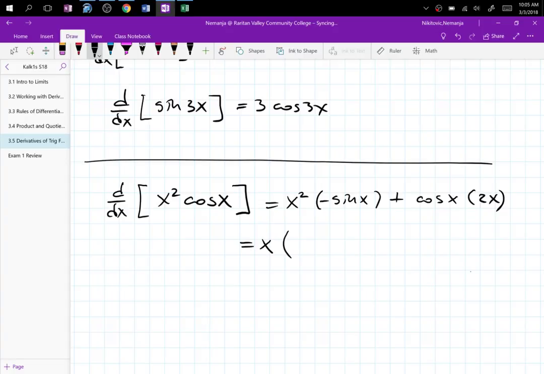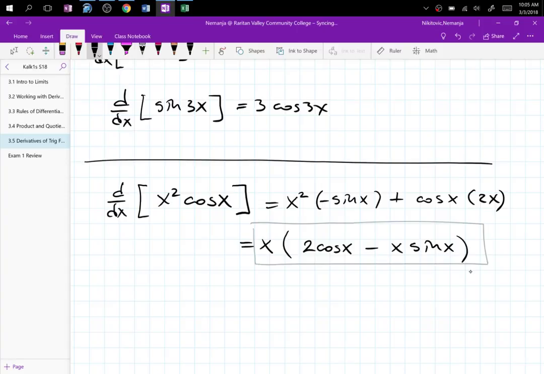So I kicked x out, so that's going to be 2 cosine x minus x sine x. And that's the factored form for the answer. You can only kick one x out and be done. Bueno?